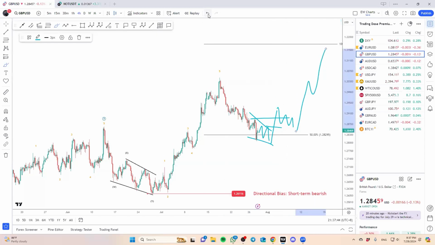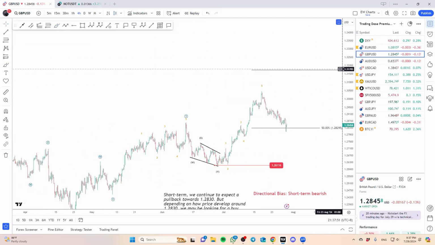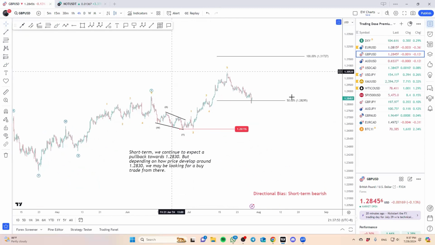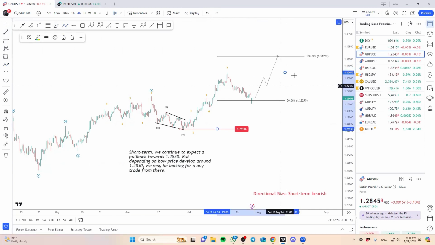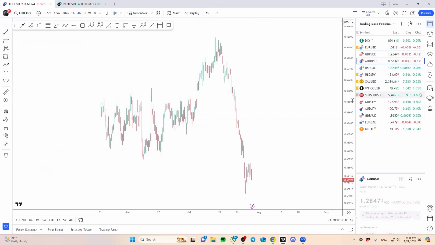Obviously not buying now, but we're starting to rotate our directional bias and start positioning, to see if we can get an opportunity to look for a buy setup with an expectation that price would hit higher towards 1.3170. So that's on the pound dollar.